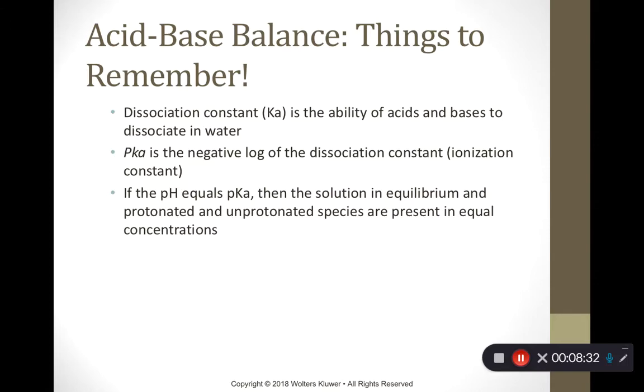If the pH equals the pKa, then the solution is in equilibrium, with protonated and unprotonated species all present in equal concentrations. So if the pH equals the pKa in the calculation, that means the solution has an equal amount of protonated and unprotonated species.